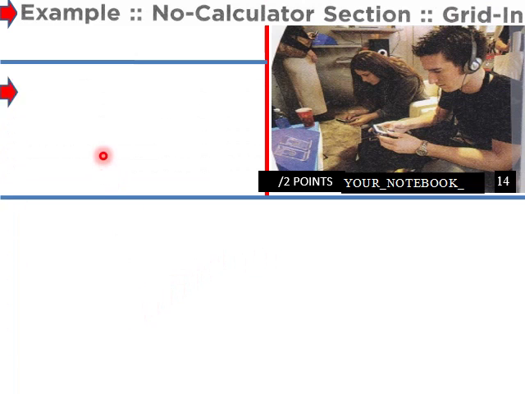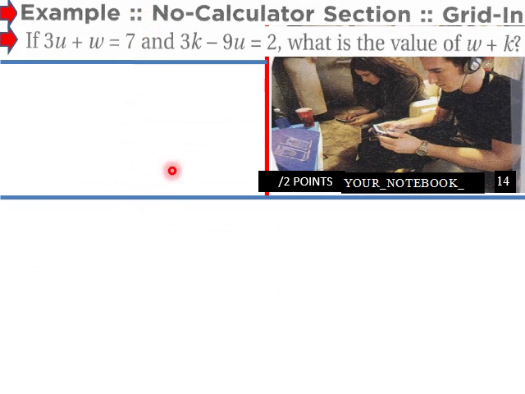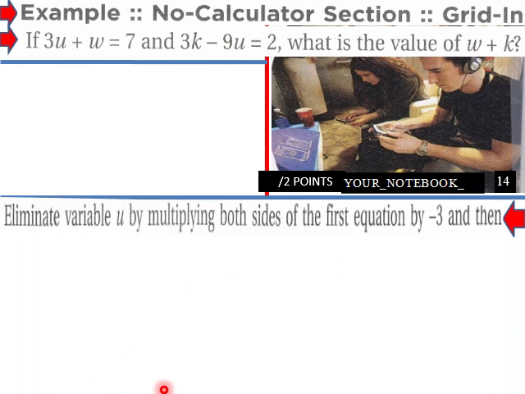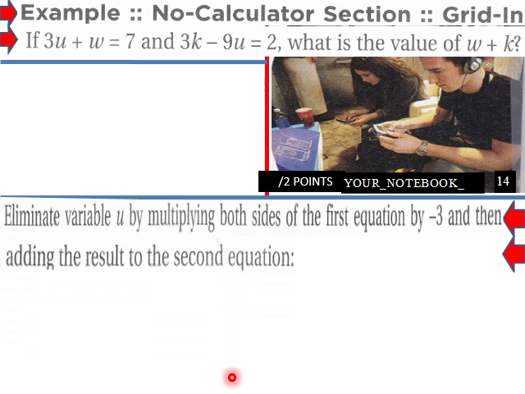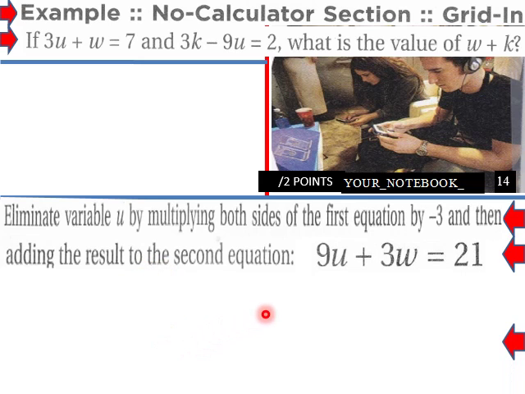Page number 14 in this lesson here, no calc section. We have these two expressions here. What is the value of w plus k? Eliminate variable u by multiplying both sides of the equation by -3, and then adding the result to the second equation.